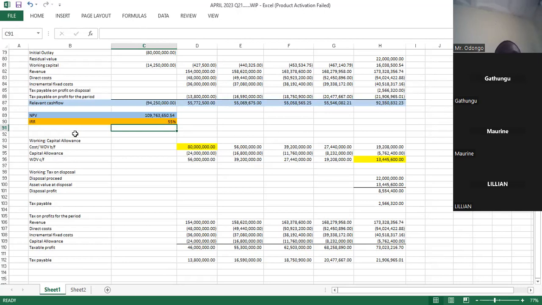The internal rate of return which I get is 55%. So that is how the optimistic case should look.